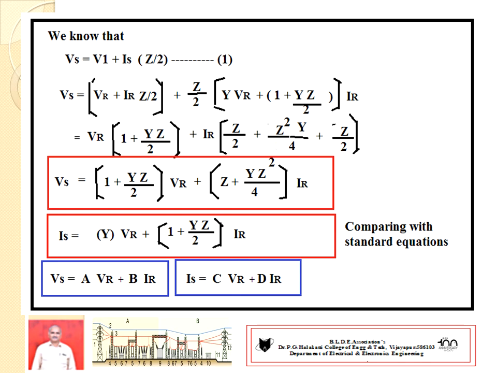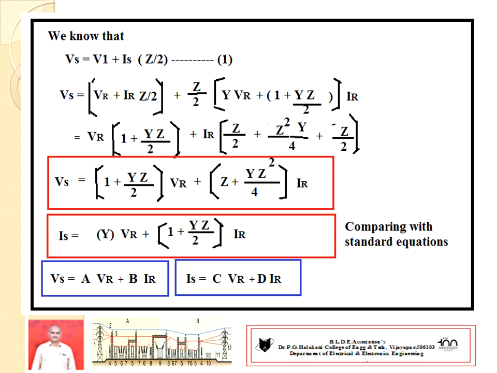Then again the same steps: you multiply all the inside values of the bracket with the outside. Then you club the terms. You club the terms related to Vr on one side. So one Vr term is there, another Vr term is Yz by 2. Therefore it becomes Vr common, 1 plus Yz by 2. In similar fashion, for Ir you take the constant Z by 2, Z square into Y by 4 plus Z by 2.